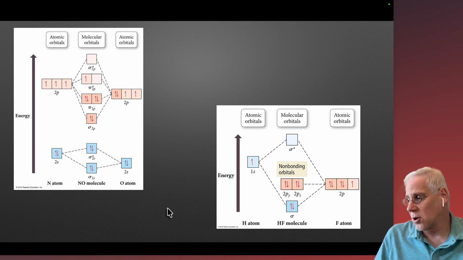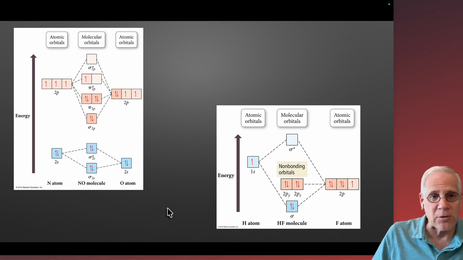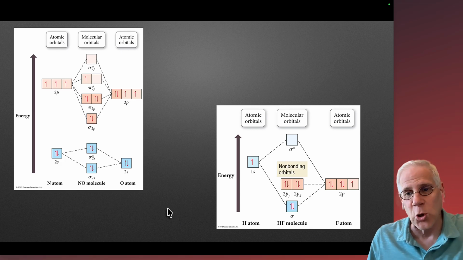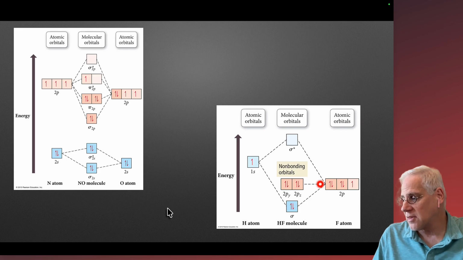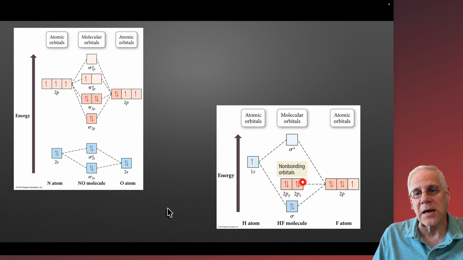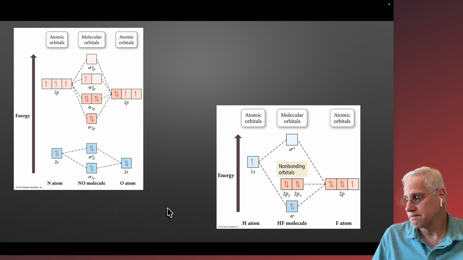They are going to go across this 1s orbital with part of the negative part of the lobe and part of the positive part of the lobe both overlapping with the 1s orbital, and so the symmetry does not allow a bond to take place there. And so these come directly across as non-bonding orbitals, and these form two of the lone pairs that you have on a fluorine atom in an HF molecule.